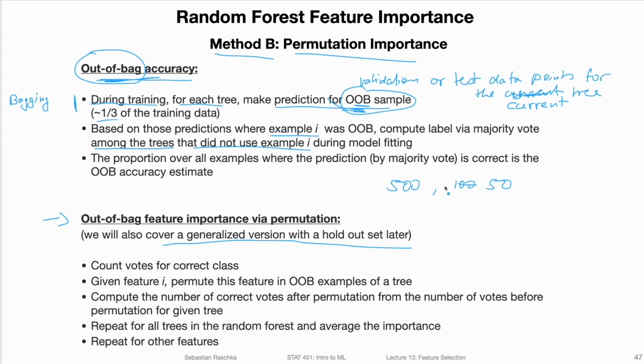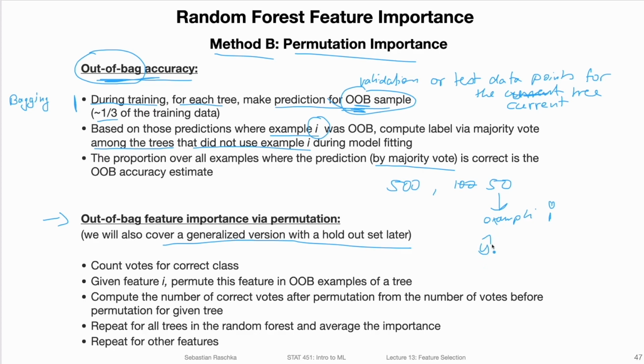But there's a certain number of trees, since the bootstrap samples are random, right, that is not using a certain training example i. And for these, I can then make a prediction on training example i via majority vote. So I can consider, let's say, the 50 trees that don't use example i and do a prediction on example i. So I get 50 predictions, right?